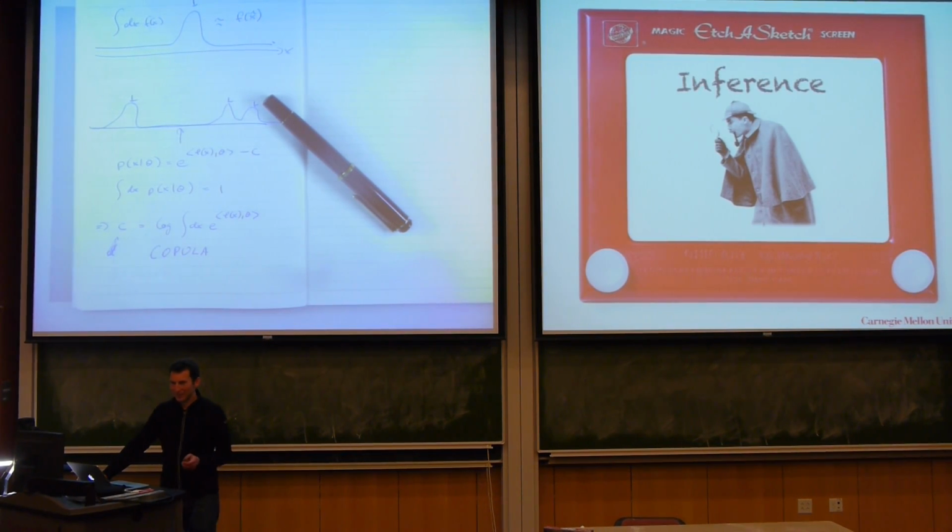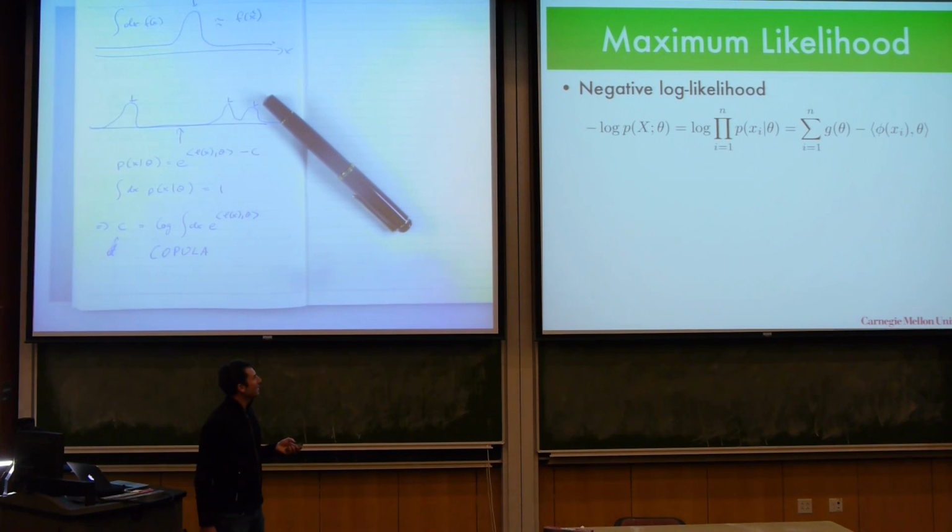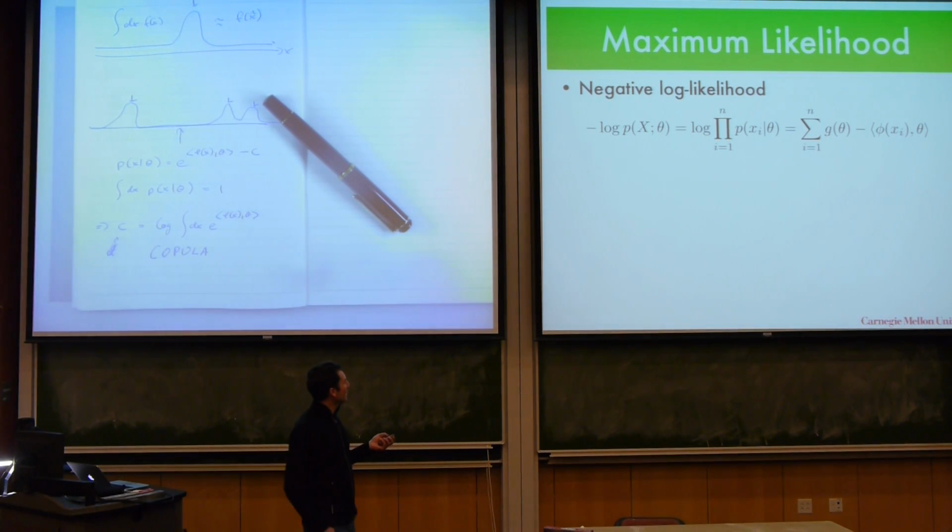So let's use those exponential families. The first thing you would want to do is compute the maximum likelihood estimate. So the negative log likelihood of p of x given theta is, assuming that these are all drawn independently, identically from the same distribution, the product of all the p of xi given theta.